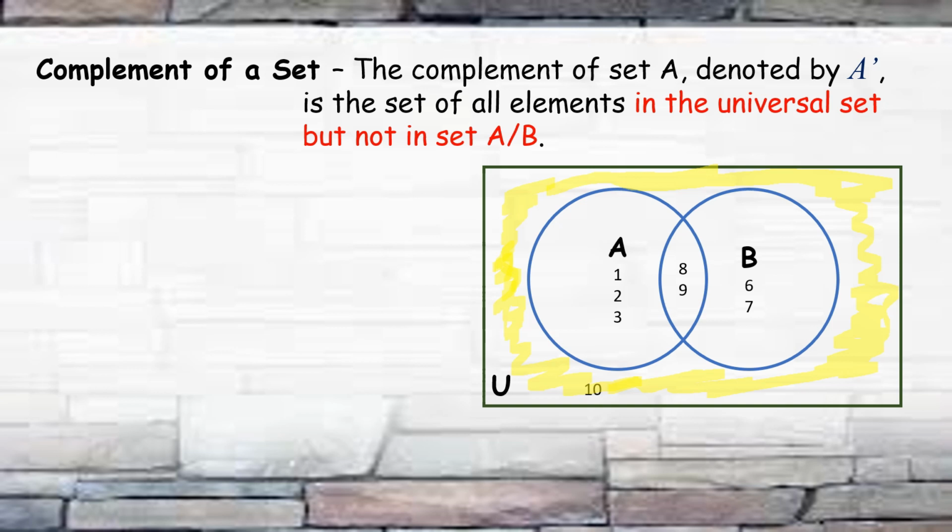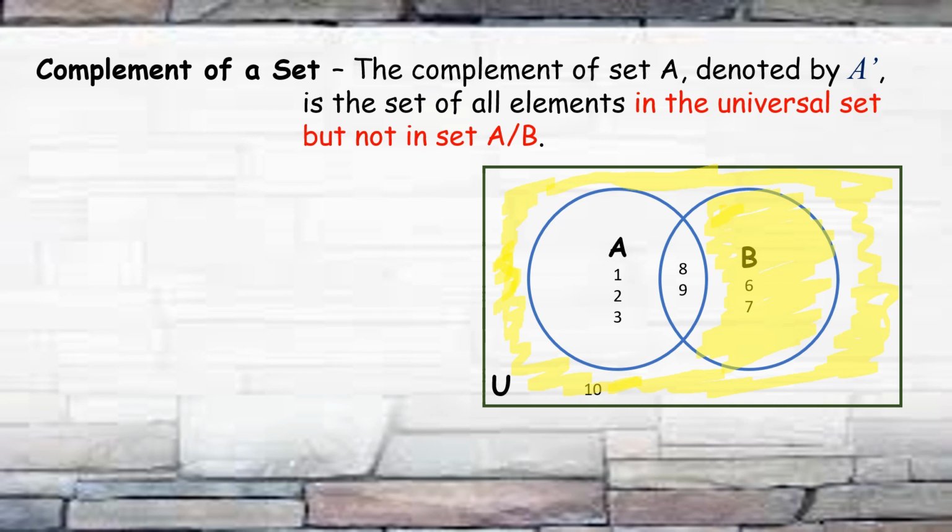You need to shade those parts. Okay? Hindi ko lang siya ma-shadean dito. But, of course, this part, ayan, itong part na to, ay hindi rin A. Tama ba? Okay? So, ibig sabihin, the shaded part is the complement of set A or the A prime.